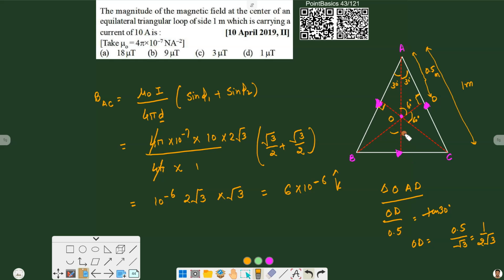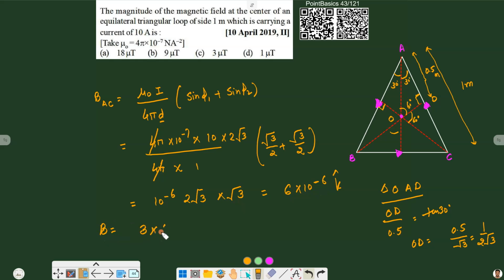So the total magnetic field at point O is coming out of the screen and is the vector sum of the magnetic fields due to all these three conductors. And as all these three conductors are identical and at the same distance, the values of the magnetic fields will be the same, and we can say the total field will be 3 times this value.